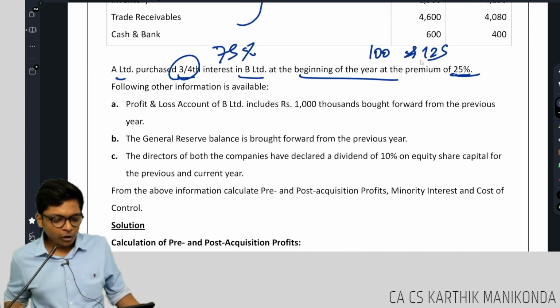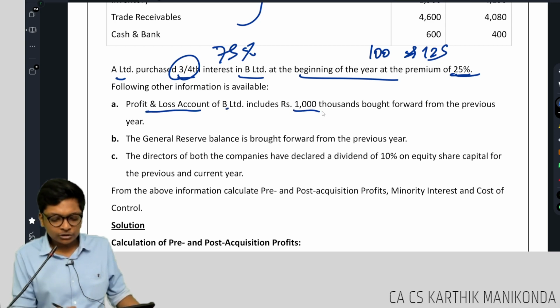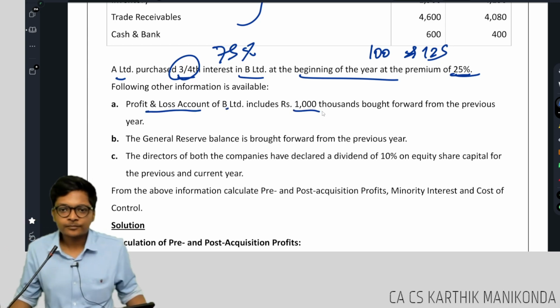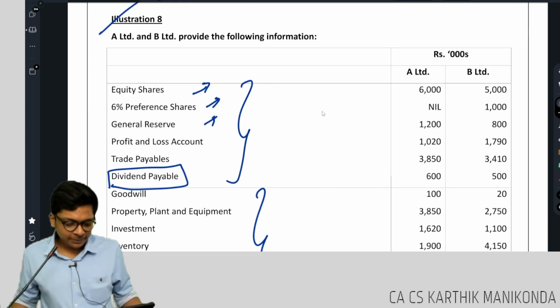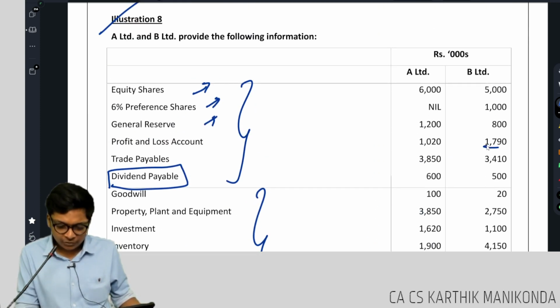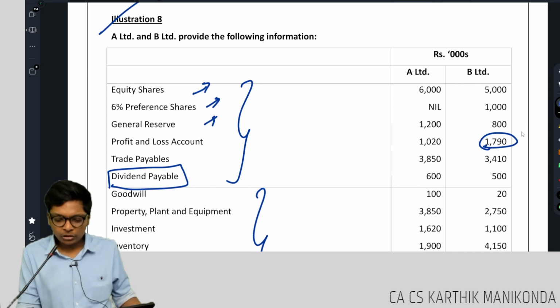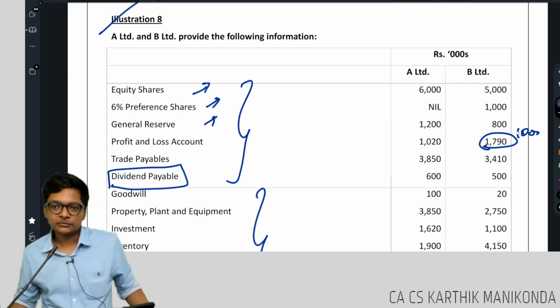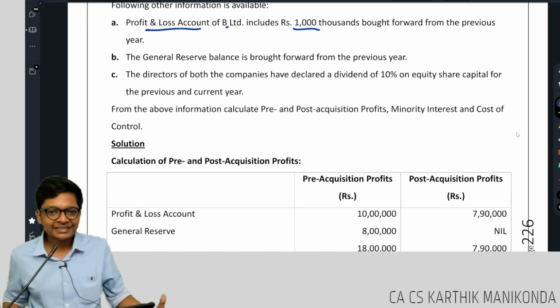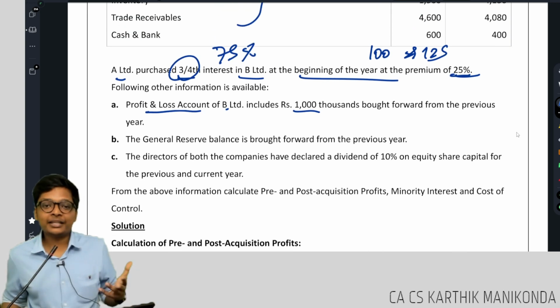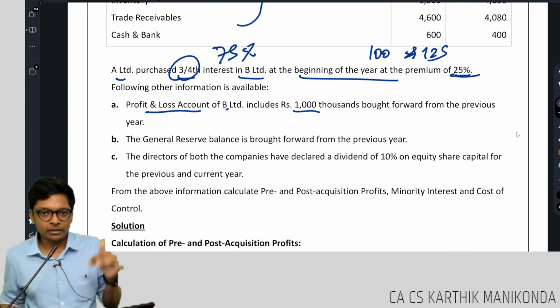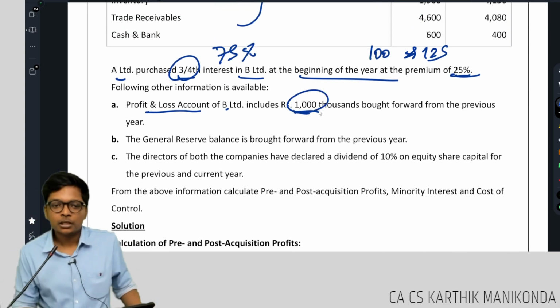Next, following other information is given. Profit and loss of B Limited include 1000 brought forward from the previous year. That means P&L out of this 1790, 1000 is previous year. Okay, balance is current year. Correct? Because I purchased beginning of the year. So beginning of the year profit is 1000.